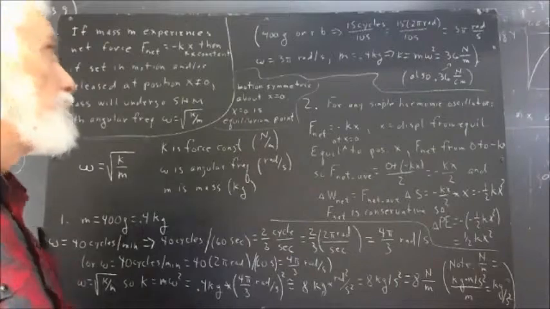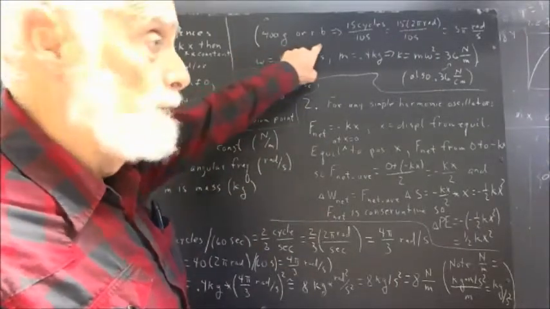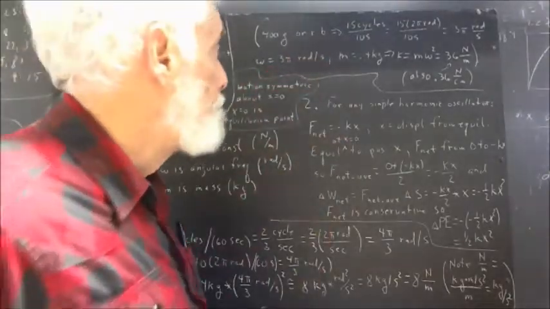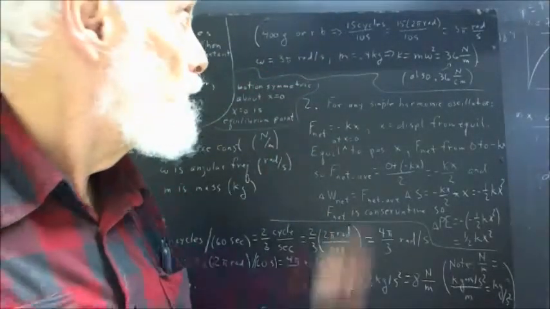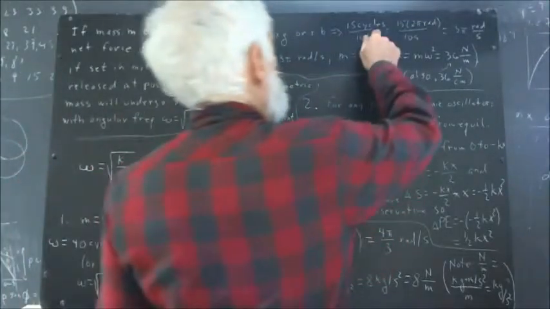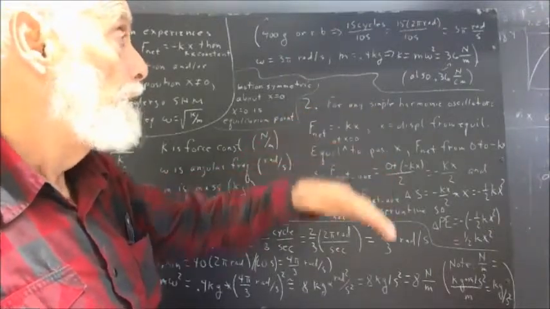So what we saw was that 400 grams suspended from a certain rubber band gave us 15 complete cycles in 10 seconds. Counting 1, 2, 3, 4, 5, and so forth.